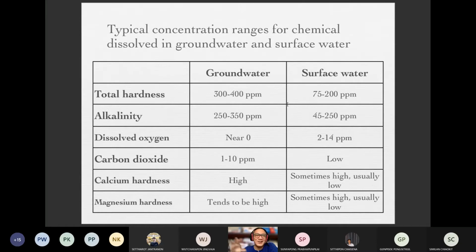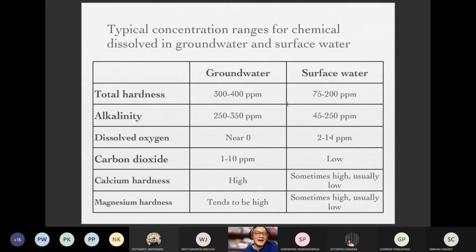Okay, alkalinity is the acid neutralization capacity, ANC. So the higher the alkalinity, the higher the capacity of water to neutralize the acid. So that is the definition of alkalinity.